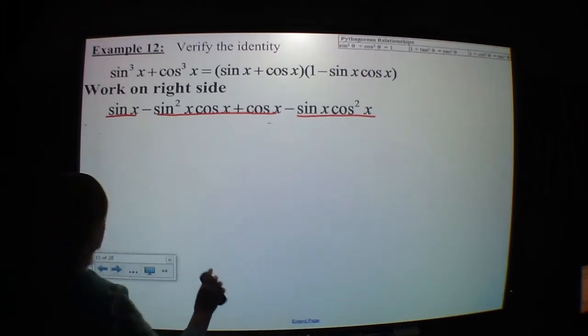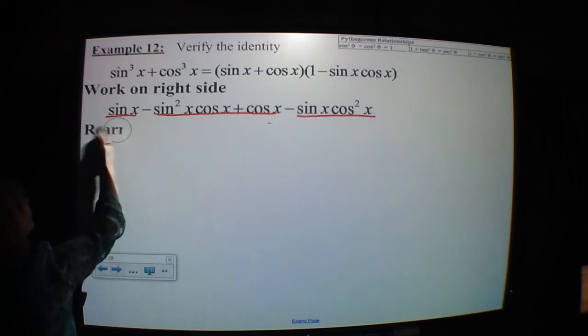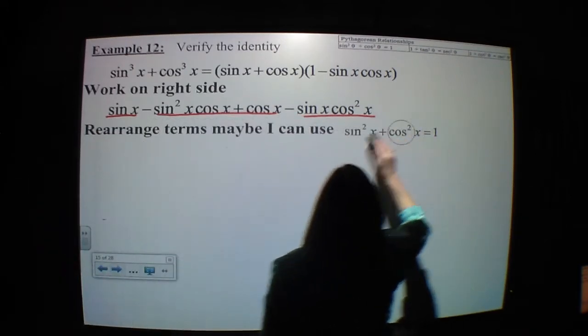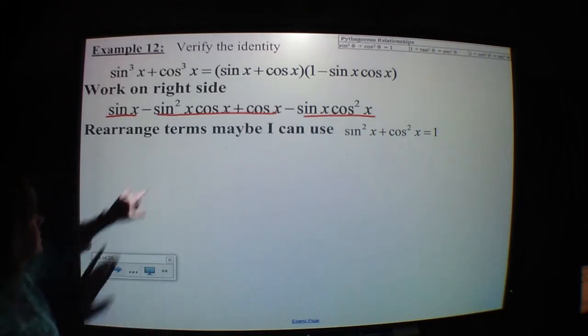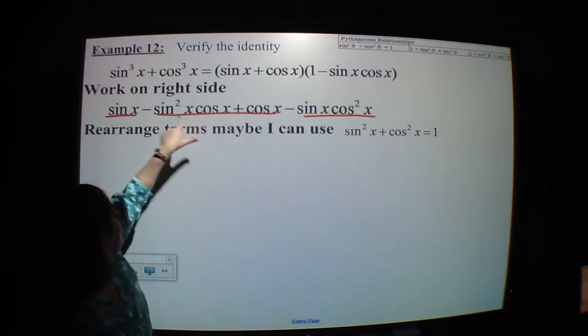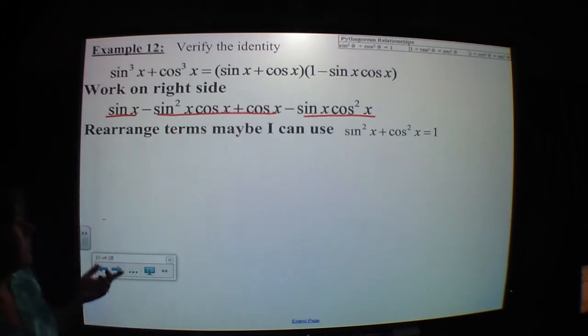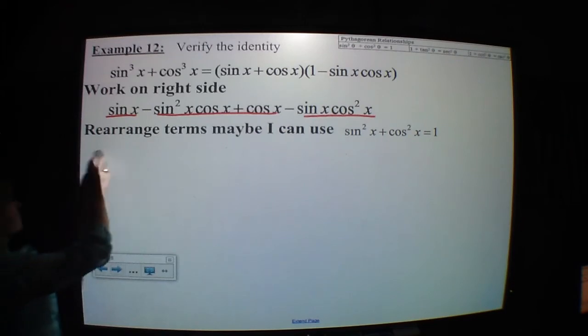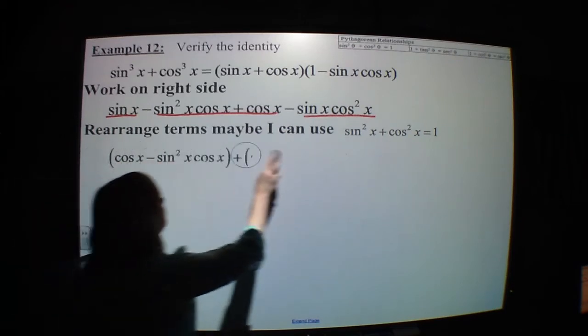So let me rearrange terms. Maybe I can use that if I rearrange terms. That's what I'm thinking, actually. I'm thinking if I group these together, I can factor out a cosine, and I'll have a sine squared in there. And if I group those two together, I'll factor out a sine, and I'll have the cosine squared there. So that's really what I'm doing.